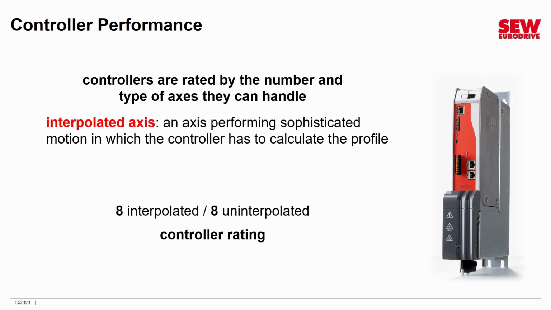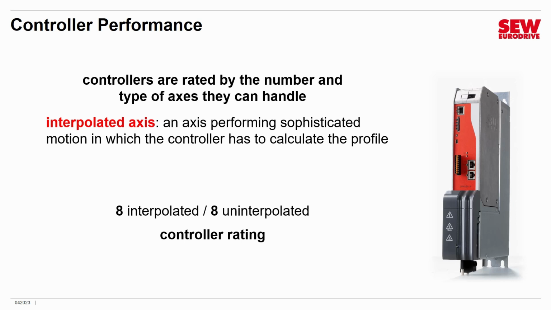So, as you can guess, if you're doing an interpolated kind of motion, you require the controller to be doing a lot. It's got to have a lot of horsepower. Now, an uninterpolated axis is a really simple thing. That would be like if I took you to the middle of that empty room, I didn't blindfold you, and I just said, walk to the corner. I basically just told you where to go, and you went there, and it was totally up to you to do that.